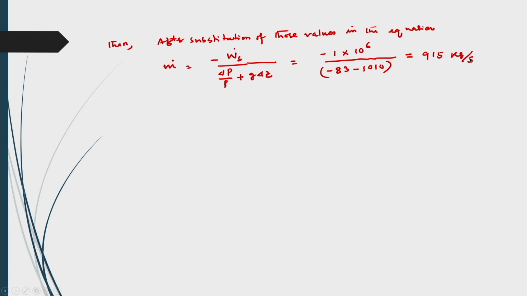So, in this way we can calculate what should be the mass flow rate of water that is flowing through the pipe and through the turbine, based on which there will be an energy supplied by the turbine there.